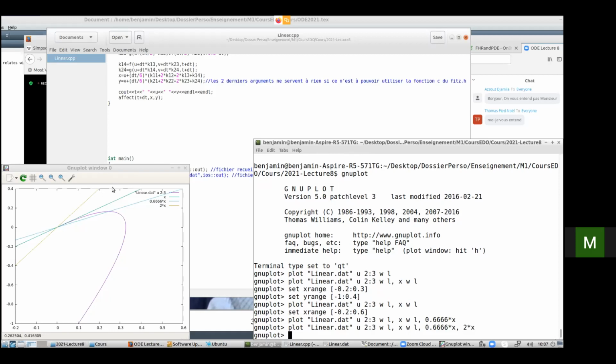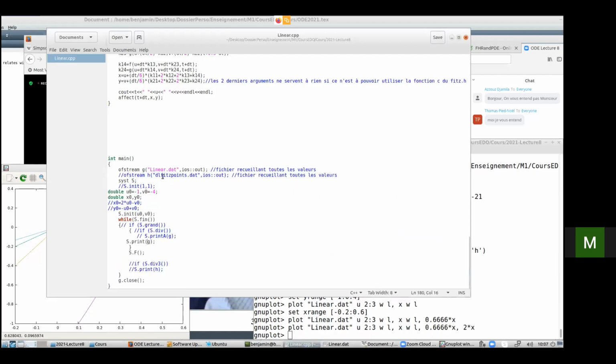And I should see a solution that is going to stick there also. So let's try a solution. For example, as initial conditions, I will choose 0.1 and something a little bit smaller than 0.2. So let's go back to that. I'm going to plot it in another file, and I'm changing my initial condition.